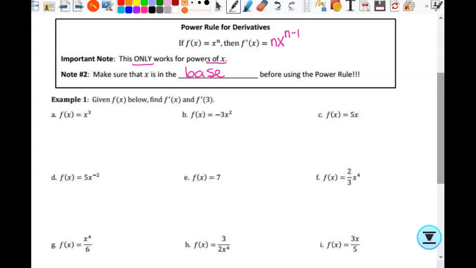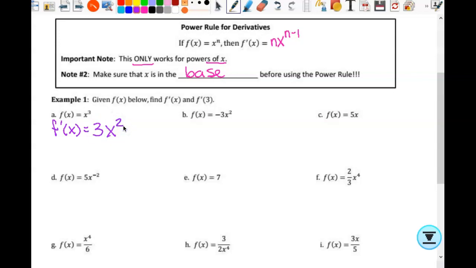Okay, so let's look at how this power rule works. For a, f prime of x, we take the exponent, which is 3. It becomes the leading coefficient. I still have an x, and then I subtract 1 from the exponent. It becomes 3x squared.